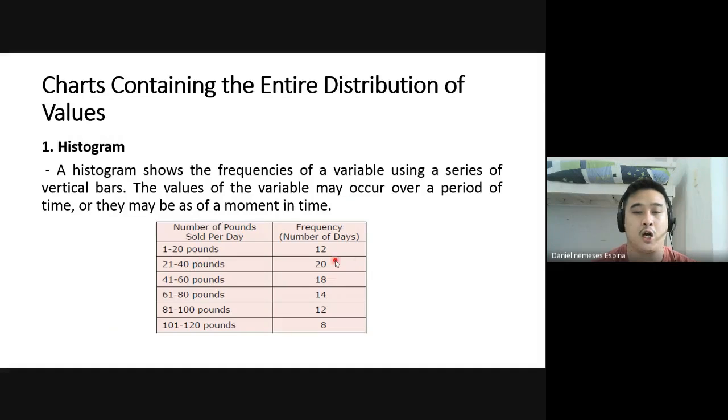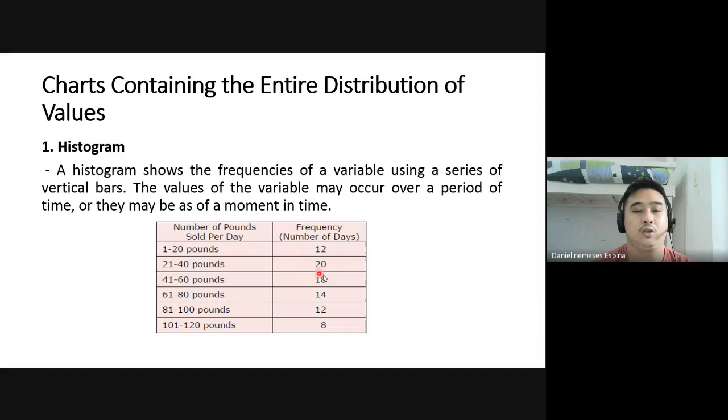If there's 1 to 20 pounds, how many days in the 12 weeks had sales of 1 to 20 pounds, and others. The values of the variable may occur over a period of time or they may be as a moment in time.